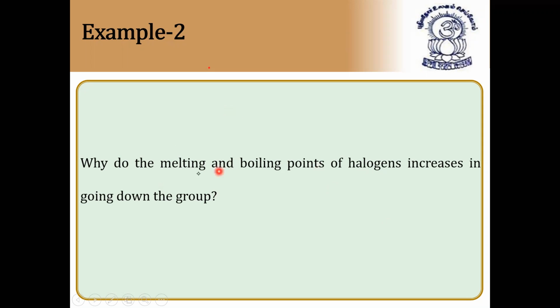Since fluorine is a gas and chlorine is also a gas at room temperature, whereas bromine is a liquid at room temperature and iodine is a solid. So first gas, liquid, and solid.